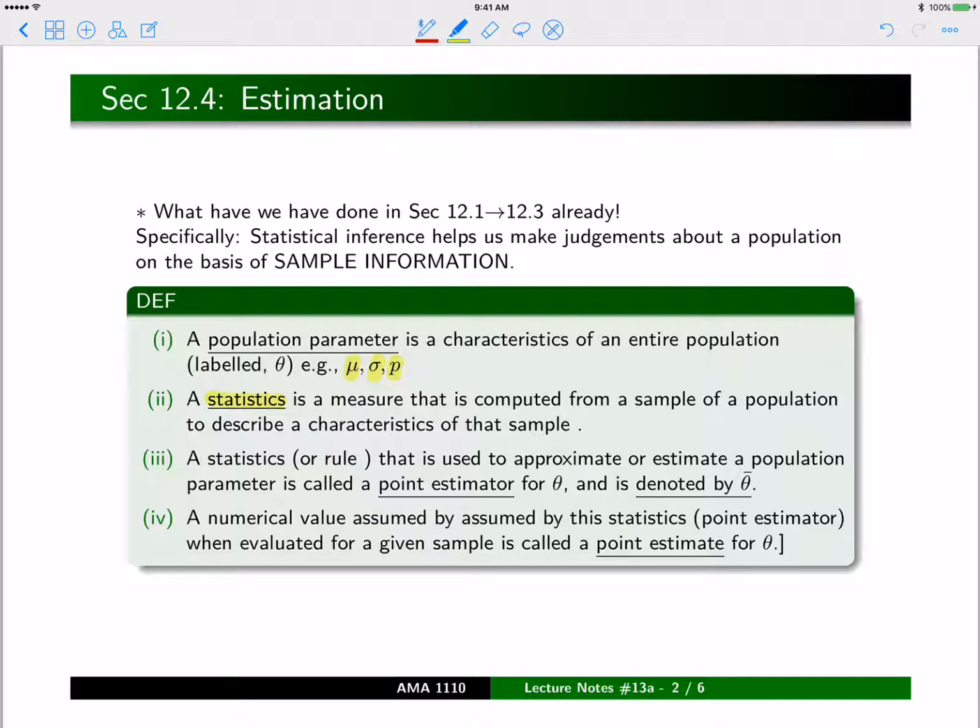In fact, we call an estimate of the population parameter a point estimator for theta. So theta we reserve as the population parameter, and the estimator we call theta bar. The numerical value given for the point estimator is called a point estimate.